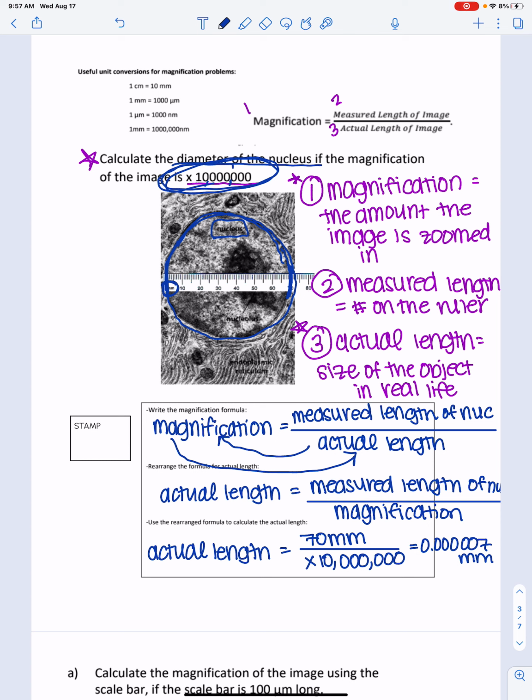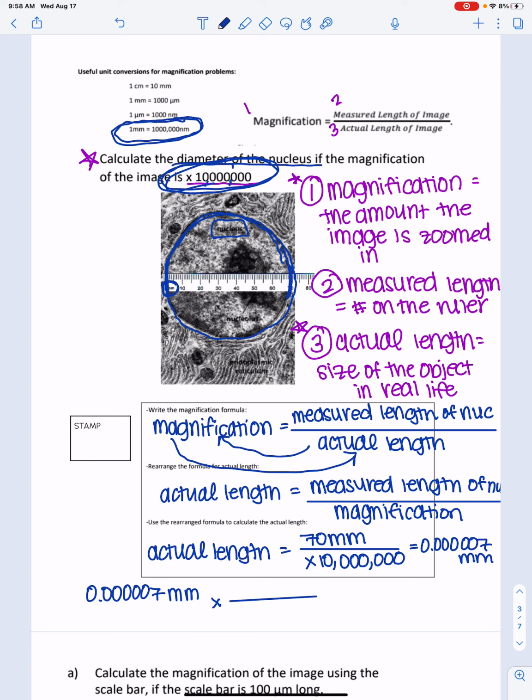Now, this is a really tiny number. We want it to be a more readable term, so we are actually going to change the units. I'm going to write this again over here: millimeters. I am going to change it to nanometers because it's going to make the number a lot more understandable. I'm going to take this unit conversion here.